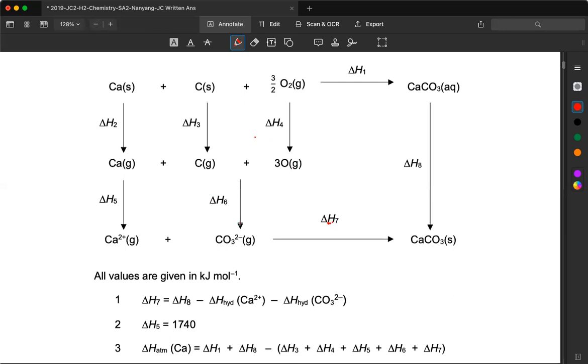As you can see, delta enthalpy change of 7 is actually telling you what? Lattice energy.